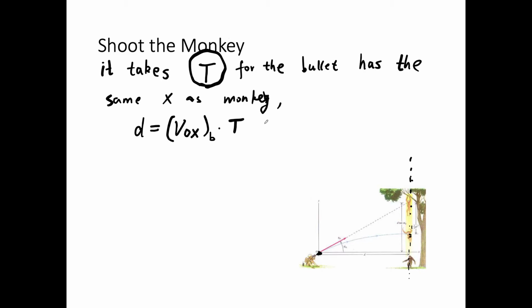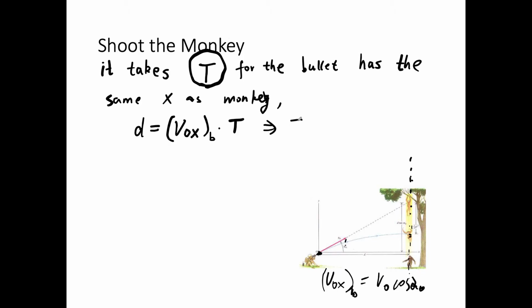And what is v0x for the bullet? The x component of the bullet is, from trigonometry, v0 cosine alpha 0.